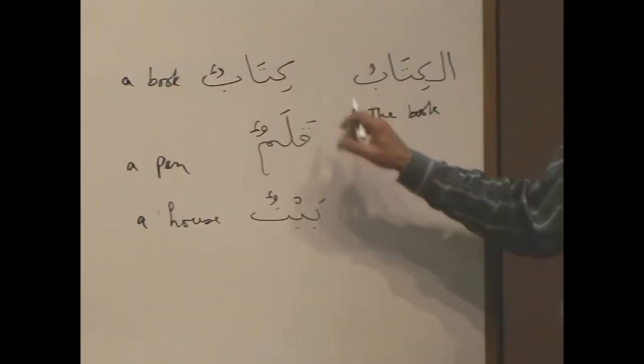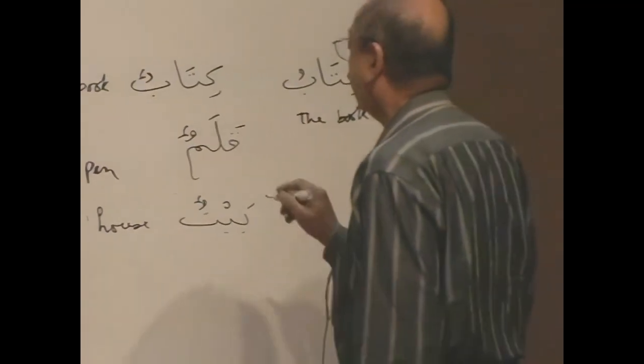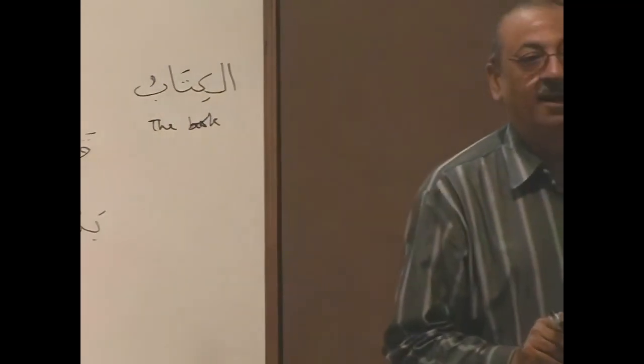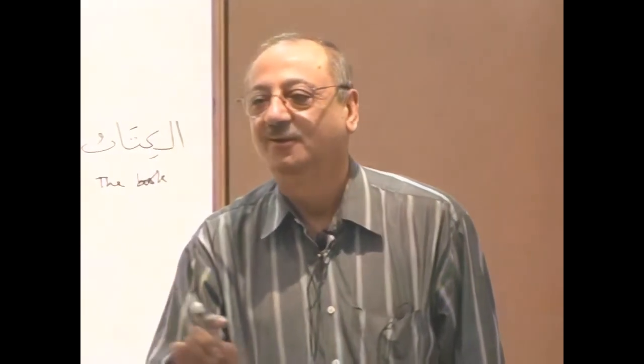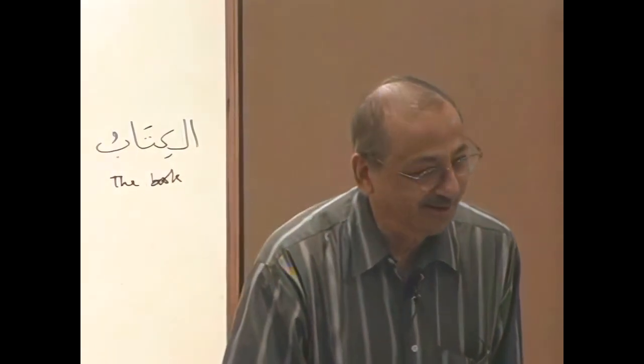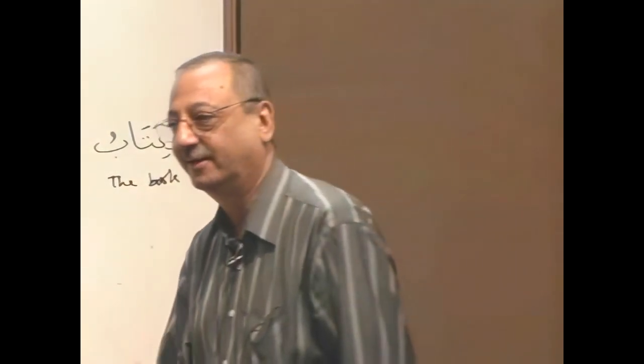Got the idea? Now, if I say kalamun, a pen, and I want to say the pen, what will I do? Al-kalamu. But these are the basics. I know most of you already know, but I'm starting from the very beginning in case there is one student coming for the first time to learn Arabic, so that he gets some idea, inshallah.